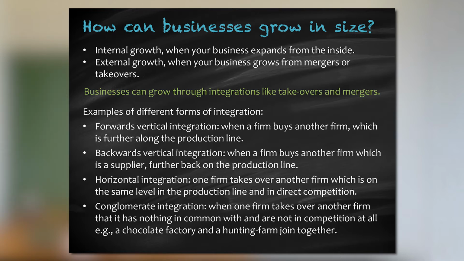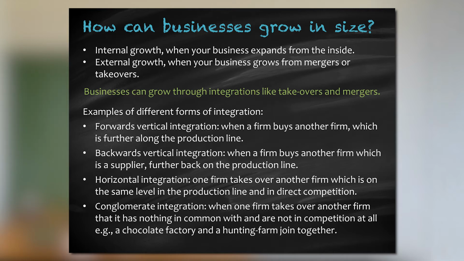So in the case where you are, for example, Total, which imported fuel or oil, and you merge with a depot that supplies this fuel to you, then it is backwards, because you are merging with a business that is your supplier.